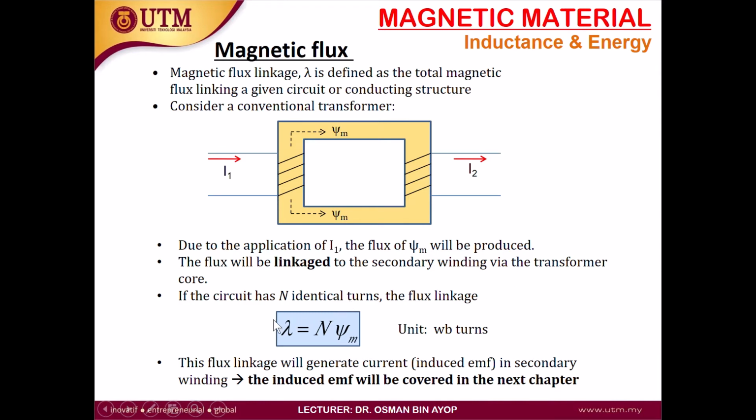If the circuit has N identical turns, the flux linkage can be determined by lambda equal to N flux m. The unit is Weber-turns. This flux linkage will generate current, which is the induced EMF, in the secondary windings. The induced EMF will be covered in the next chapters.